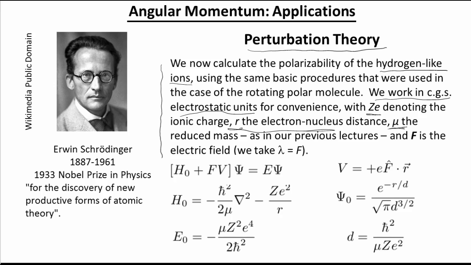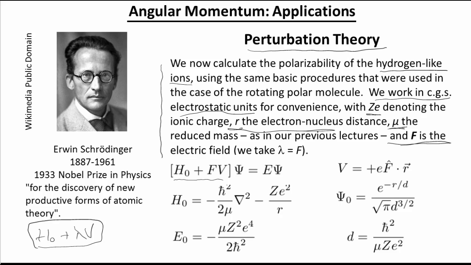And we're going to do perturbation theory just of the very same type that we applied to the diatomic polar molecule. Slight difference here for notational convenience. Conventionally it is H0 plus lambda V for the Hamiltonian that's being solved.